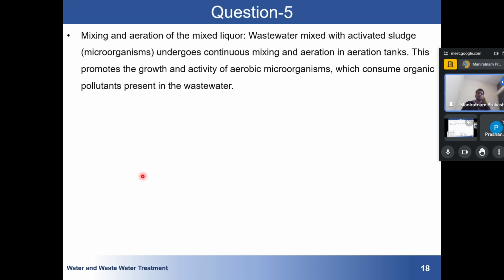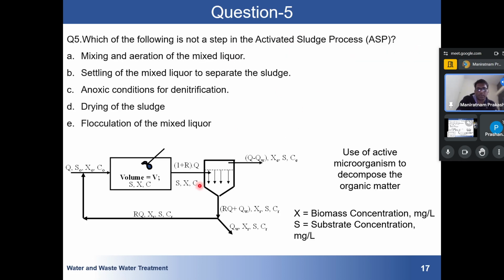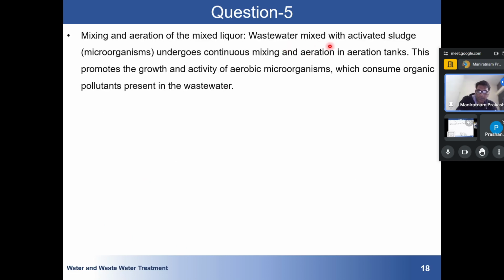I will read out the standard statement: wastewater is mixed with activated sludge. I have already mixed it. You can see the activated sludge has been mixed with the incoming wastewater. This activated sludge is mostly 99% microorganisms. It undergoes continuous mixing and aeration in the tanks.